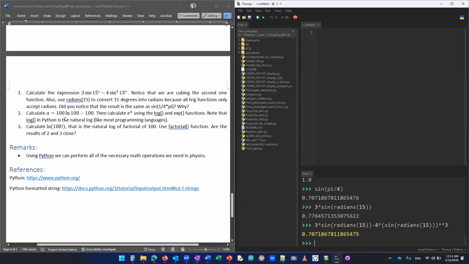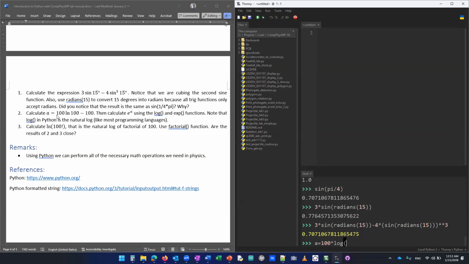Okay, so let's now calculate a natural log. So we define this A as 100. Again, explicit multiplication, but we don't really have ln. In almost all the languages I've seen, natural log is log, not ln.